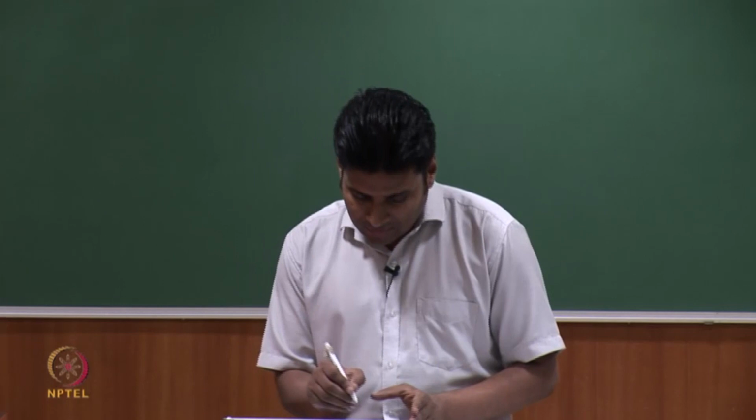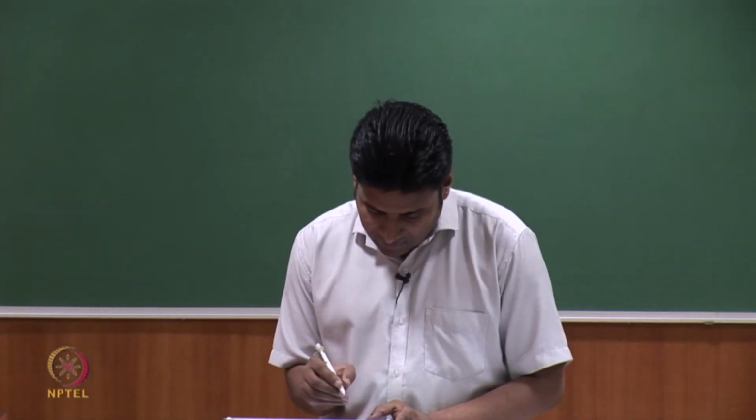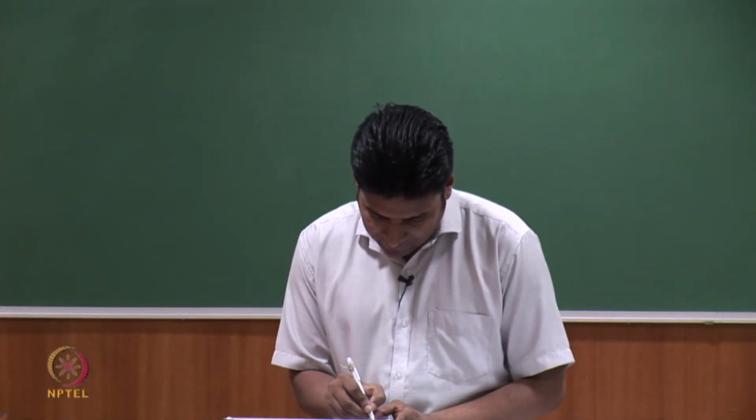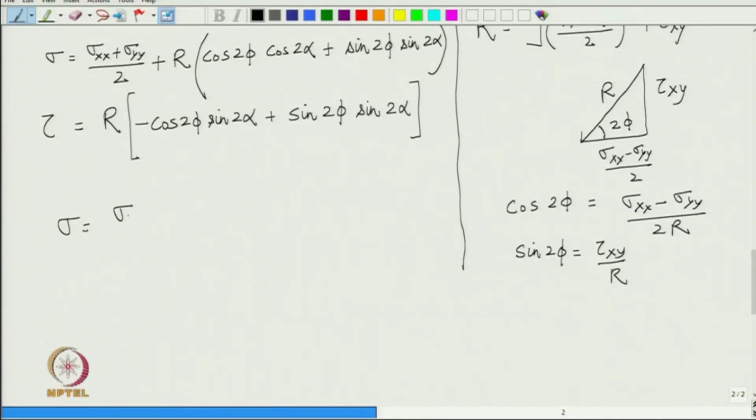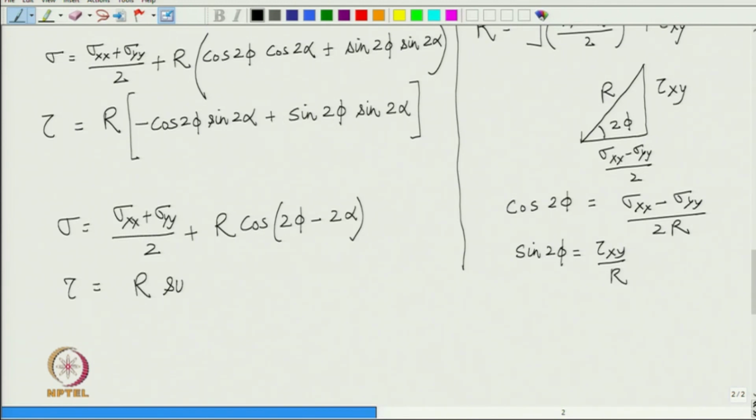So, if you use that trigonometry, so finally, you have a very simple expression for sigma. So, sigma becomes sigma x x plus sigma y y by 2 plus r times cos of 2 phi minus 2 alpha, whereas tau is then r times sin of 2 phi minus 2 alpha.